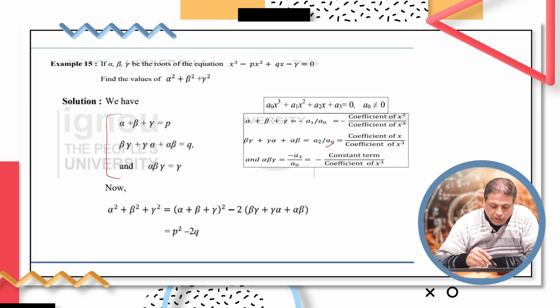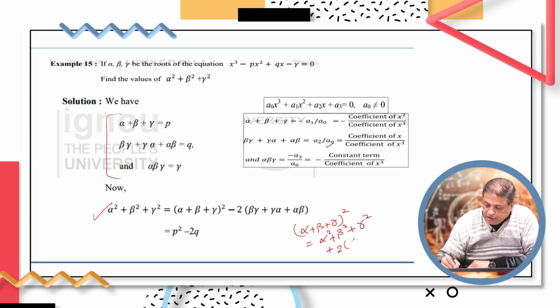Alpha square plus beta square plus gamma square is nothing but, we all know that alpha plus beta plus gamma whole square is equal to alpha square plus beta square plus gamma square plus 2 times alpha beta plus beta gamma plus gamma alpha. This is a well known identity. Using this identity and rearranging it, you get alpha square plus beta square plus gamma square is equal to alpha plus beta plus gamma whole square minus twice of alpha beta plus beta gamma plus gamma alpha.